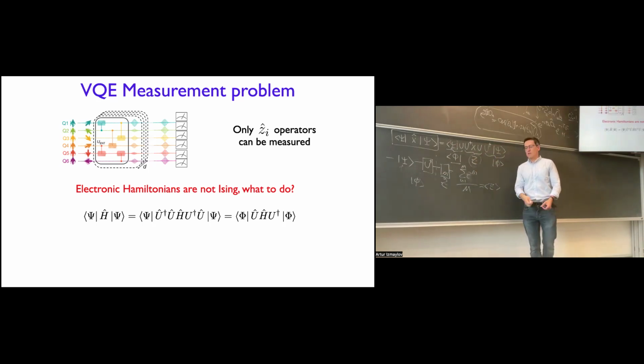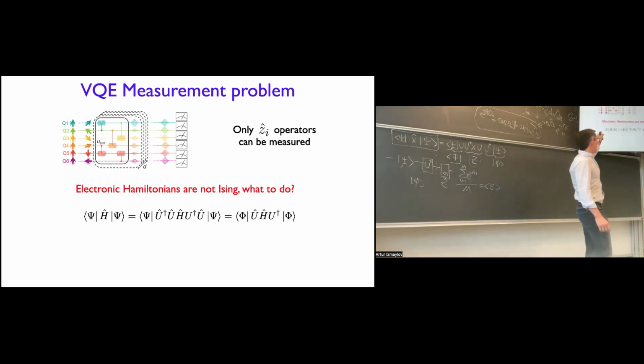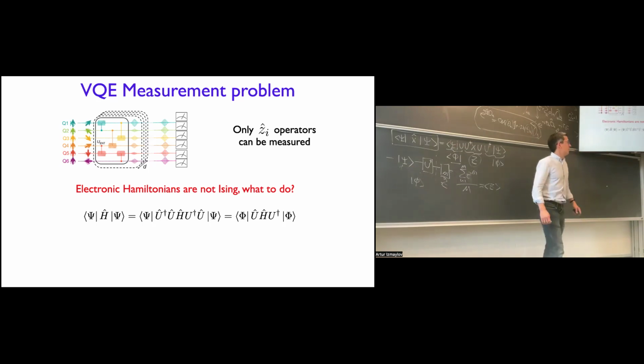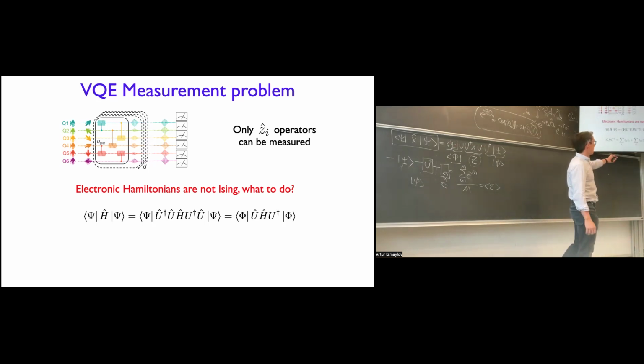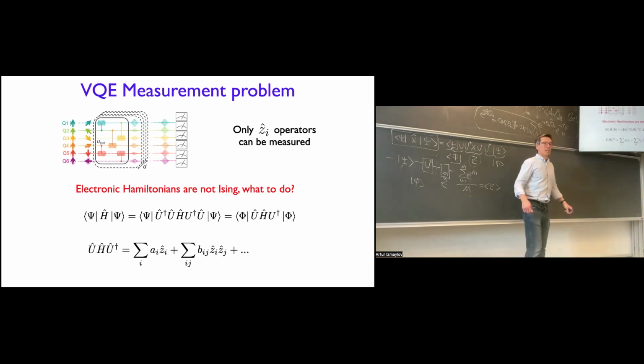The ruler is fixed in the z direction, and we need to rotate the object that we are measuring. But going back to the Hamiltonian, it doesn't contain only z's, it contains x's and y's. The same idea is that we want to find the unitary that rotates the Hamiltonian into a form where we only have z's. That would be an ultimate solution, and we'd be done.